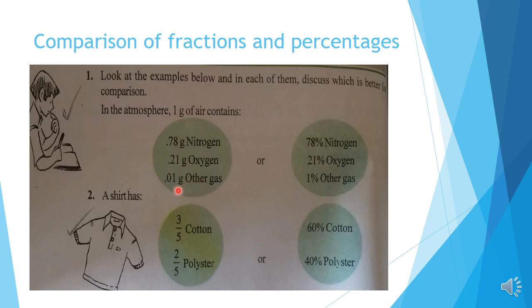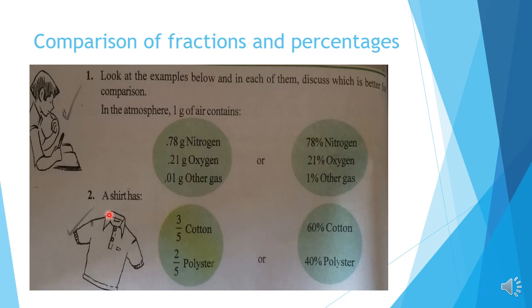This is given in decimal form and the same is given as 78% nitrogen, 21% oxygen, 1% other gases. Children, what is easy for comparison? Here we can say it is very easy for comparison. We can understand nitrogen is the most amount coming here, 78%. Highest percentage is nitrogen gas, then comes oxygen and then comes the other gases. And here in decimal numbers, it takes a bit of time for comparing.